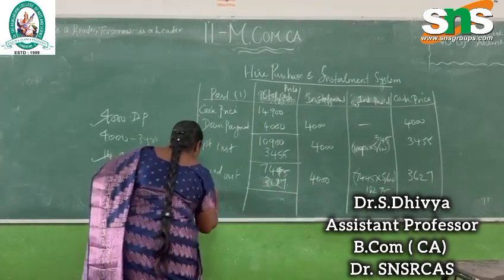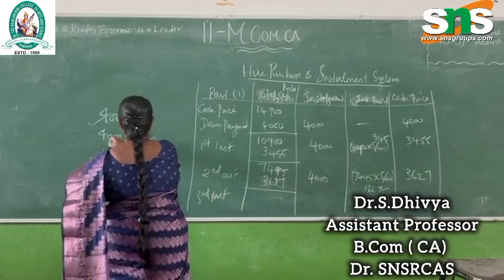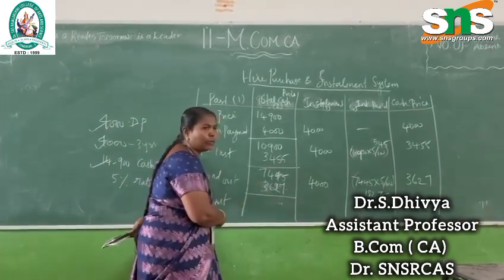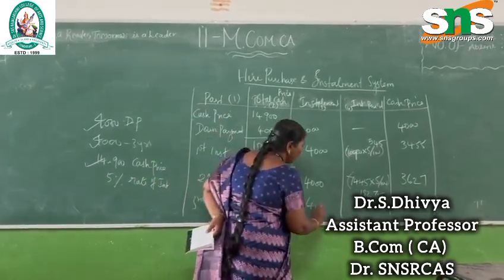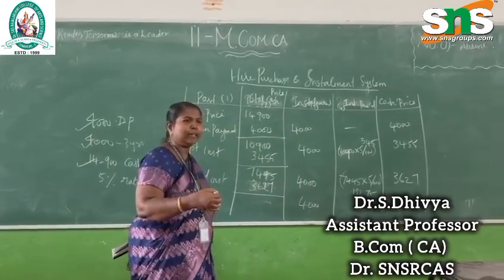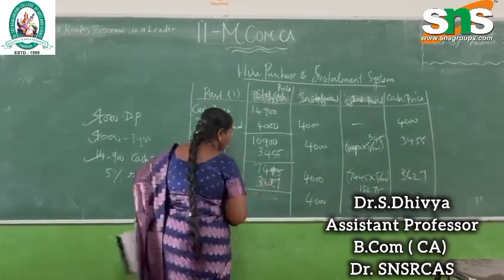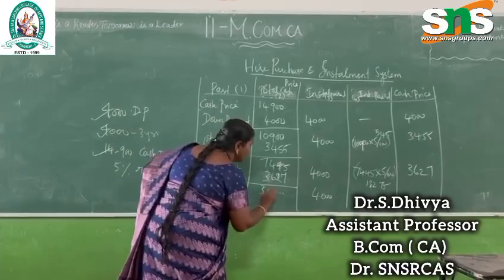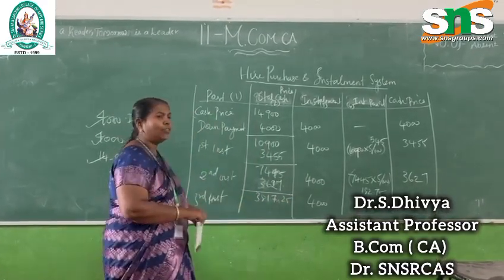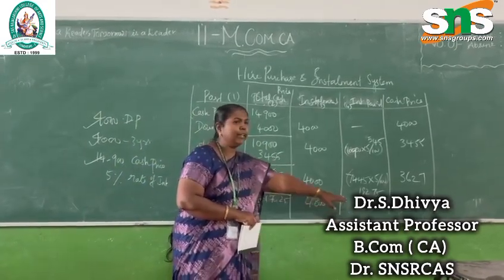And the last year, how much are they paying as an installment amount? Again, they are paying 4,000. See, we need 3,627, but the installment amount they are paying is 4,000. So in the last year, what the company will do is, they will not just find the interest.